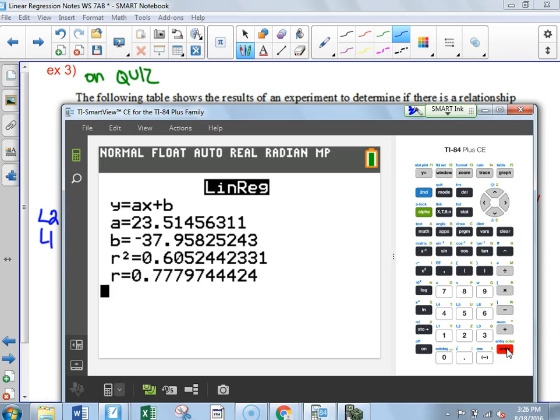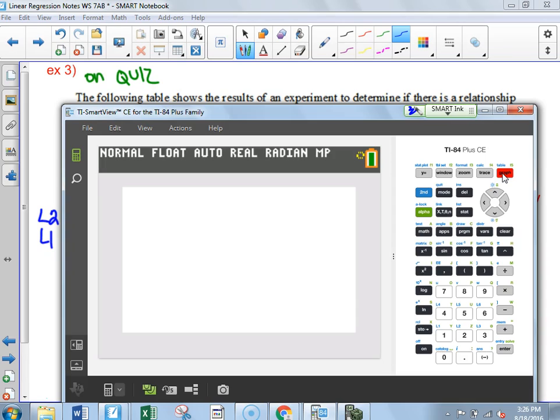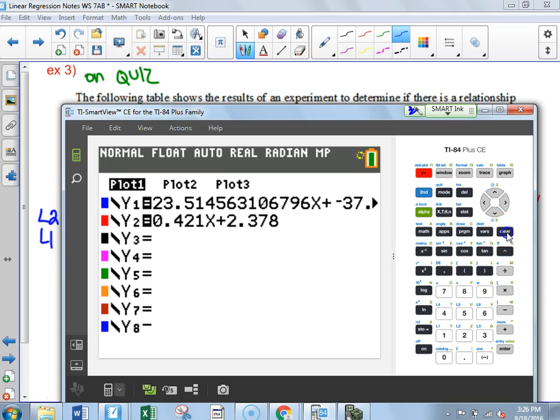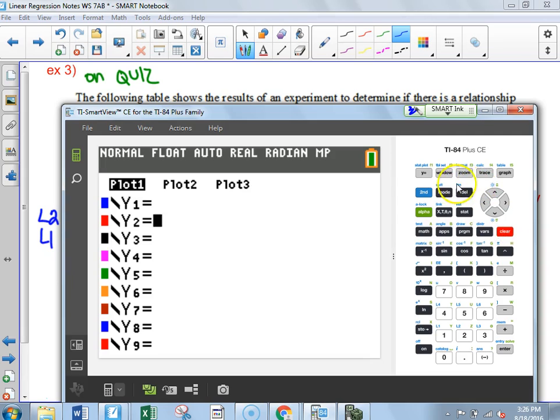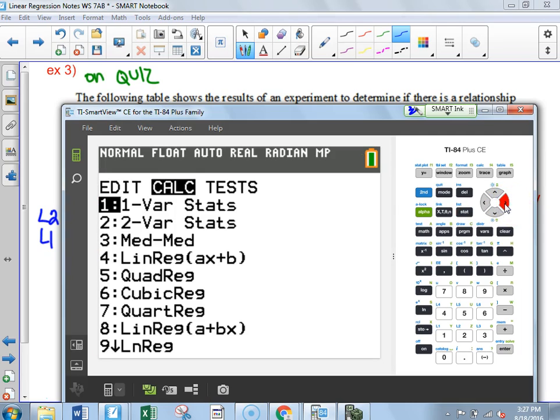All right, I have kind of a mess. If I go to graph right now, I'm going to have a mess. Okay, I maybe did something wrong. There's some things you're going to have to fix. I'm going to go to y equals and clear out some old stuff here. Did I type something in wrong?